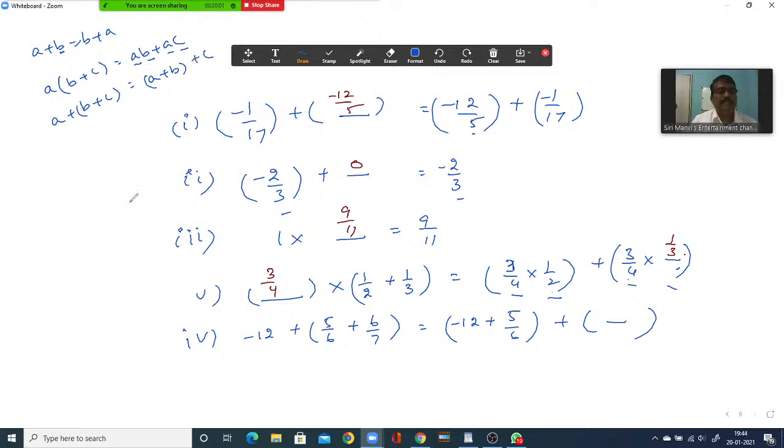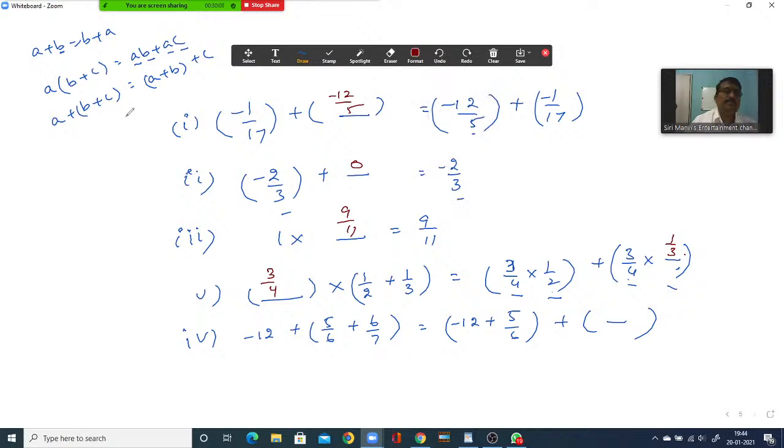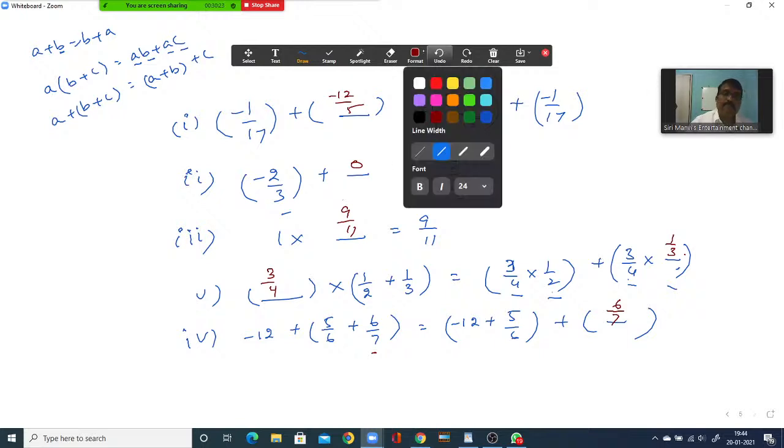Here A is minus 12, B is 5 by 6, and C is 6 by 7. So A plus B means minus 12 plus 5 by 6, and the next, C, is here 6 by 7. That's it. Then we are going to fill the dash with 6 by 7. That's it. Next, the sixth one.